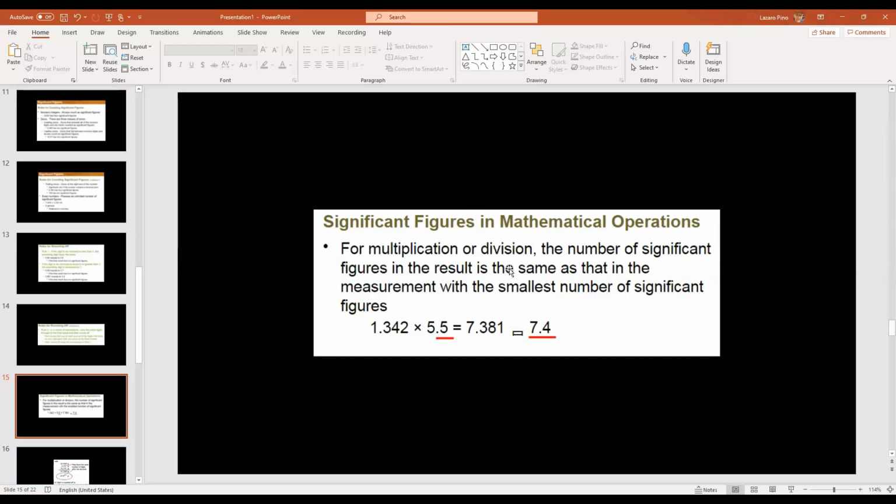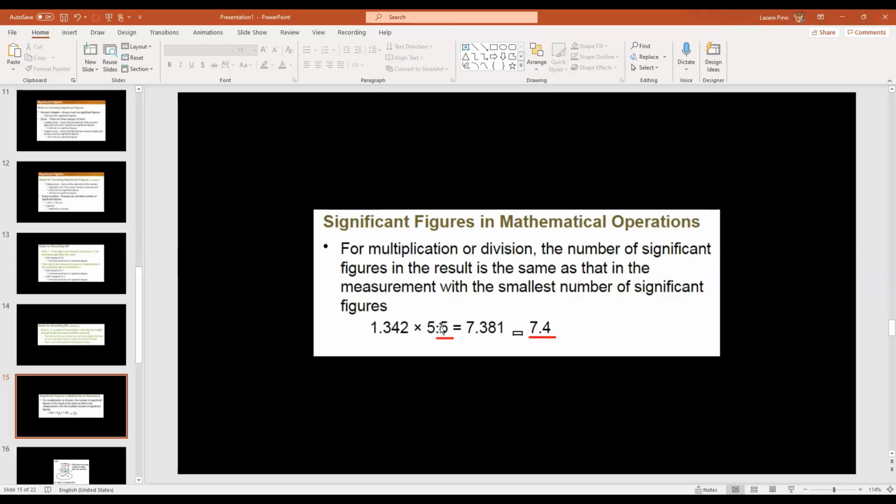What are the significant figures in a mathematical operation? Well, in multiplication and division, you take into account the number with less significant figures. In this case, it's 5.5 that has 2 significant figures.